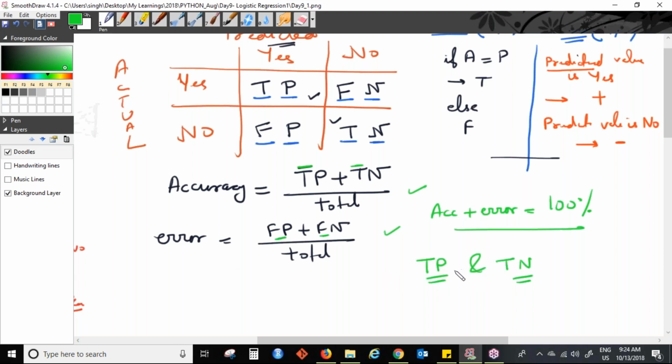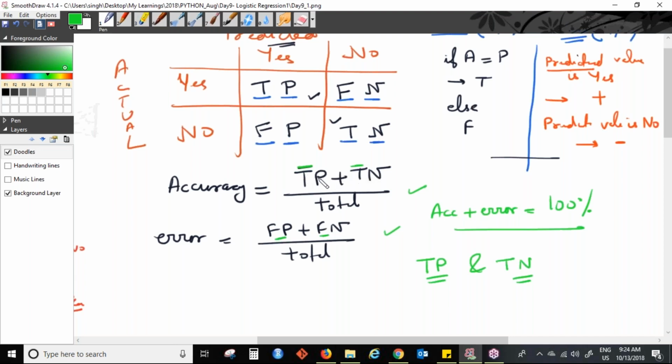Now let us see one business scenario where you will try to give more importance to one of these parameters. Look at the value of accuracy. It gives equal importance to both of them. It is adding both the numbers, which means it is giving equal importance to both true positive and true negative. It doesn't matter which number is higher.